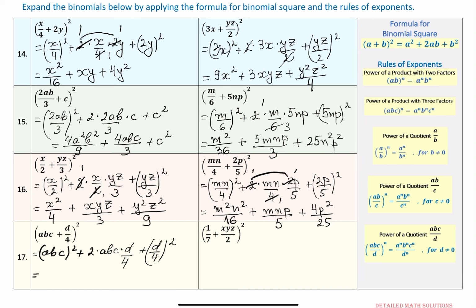Now we can use the power of a product with 3 factors rule, and this equals a squared b squared c squared, plus we have 2 in the numerator and 4 in the denominator. We can reduce that and we get abcd over 2 plus d squared over 4 squared, which is 16.